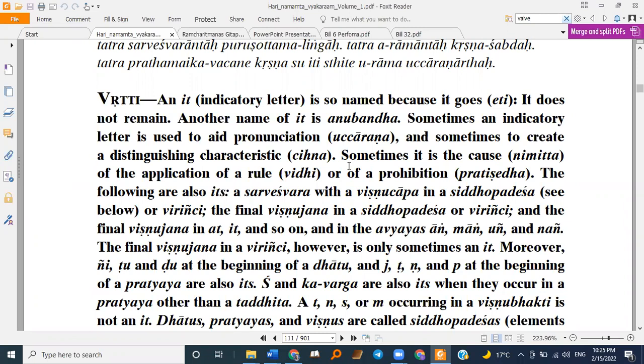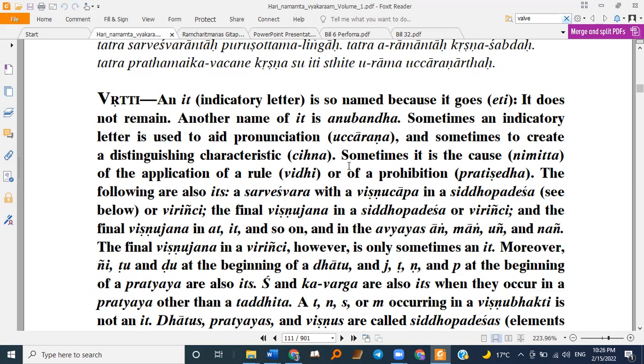Yes, it is halanta. Then that sa would probably become a visarga, right? Yes, that will happen by one sutra later. Okay, so this is a convention, why U is there and not any other letter. Even in Panini it's Su. So two usages till now: uchcharana, pronunciation, and chihna, to create a distinction.